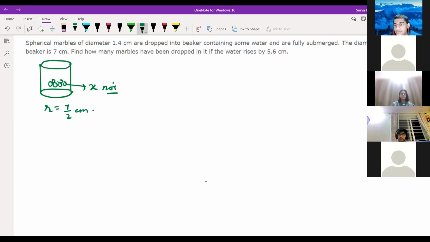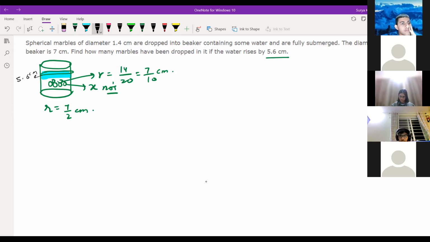Sir, I'm getting 800. Okay, let me check. For the spherical marble, the radius is 14 by 20, so 7 by 10 we are getting, right? The water rises by 5.6. It means the height of the beaker, how much the water is rising. Okay, the blue color one, this height is given as 5.6.